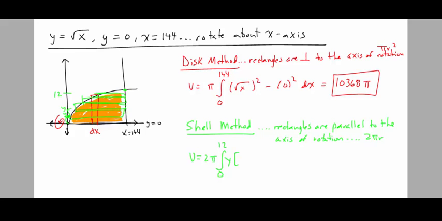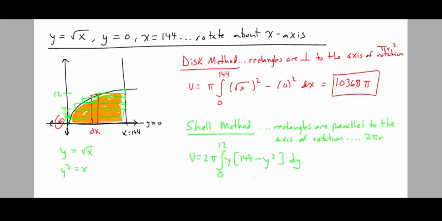To find the length, you take the right endpoint minus the left. The right endpoint is 144, minus the left endpoint, which is this curve. The curve is y equals the square root of x, but remember, everything here has to be in terms of y. So I need to solve this for x equals stuff in terms of y. I'd square both sides, and I'd have x equal y squared.